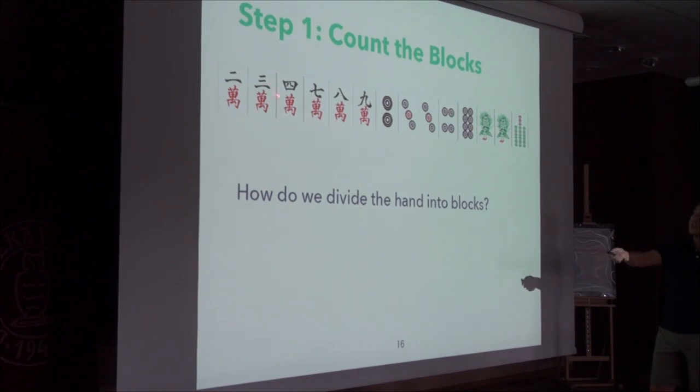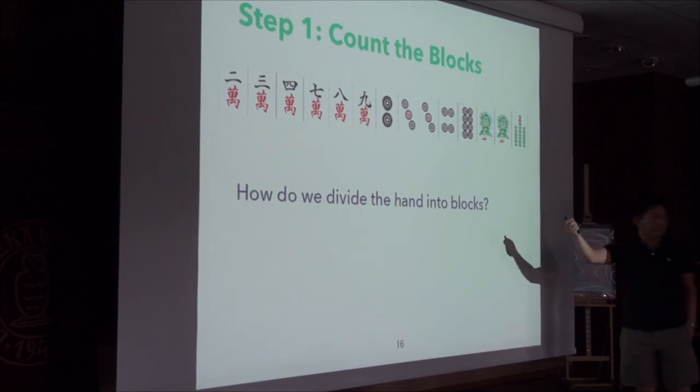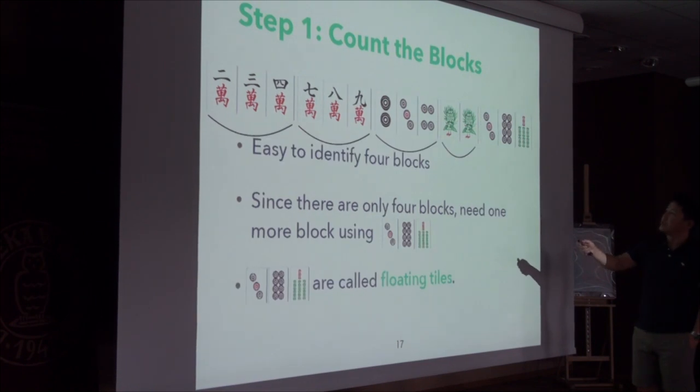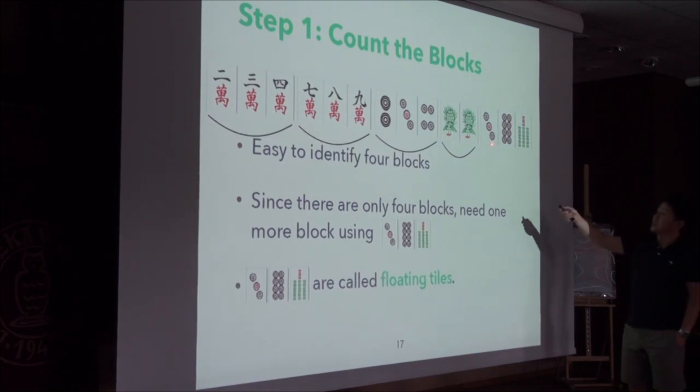So we can easily identify 1, 2, 3, 4, right? So 4 blocks plus some floating tiles, right? The floating tiles can become a 5th block, but we have 4 blocks, right? 4 blocks plus these additional ones, right?